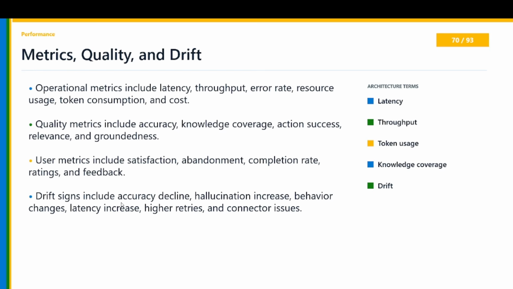The signs that you should obtain from your monitoring tools are accuracy decline rate, hallucination increase rate, behavior change rate, latency increase rate, higher retries rate, and connector issues. All this will help you determine the performance of agentic AI systems.